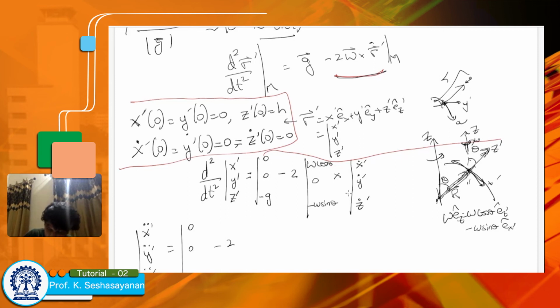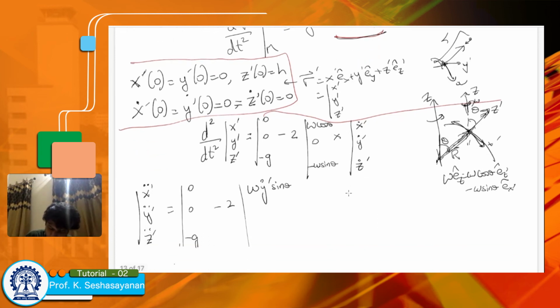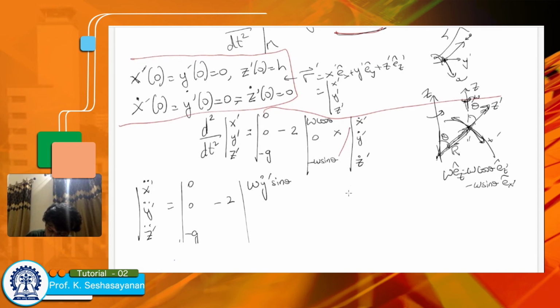So for the first row, what we get is 0 minus omega sin theta y prime dot, this omega y prime dot. For the second column, I do the same: this times this minus this times this, that's minus omega x prime dot.